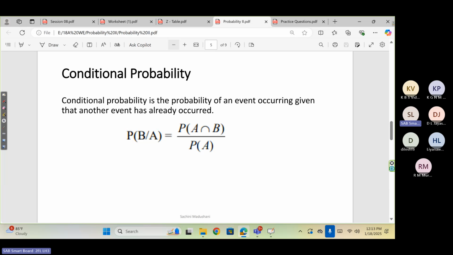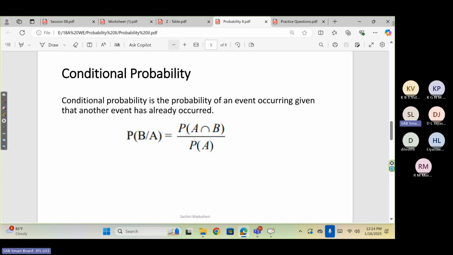And then in the conditional probability concept, we discuss two events. These two events do not occur together. Then we find out the probability of one event occurring, given that another event has already occurred.